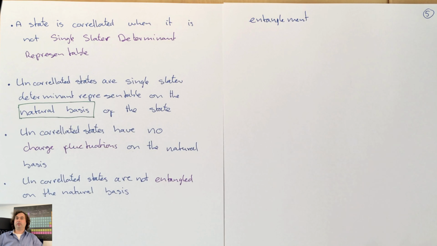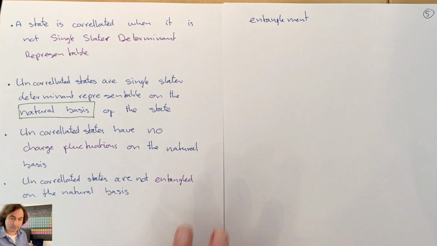Now, you can have entanglement in real space, but in principle you can talk about any basis set that you like within your Hilbert space. You don't have to separate in position, you can separate your state in momentum and see if states with different momenta are entangled or not.